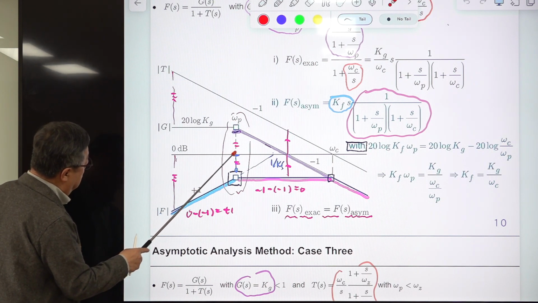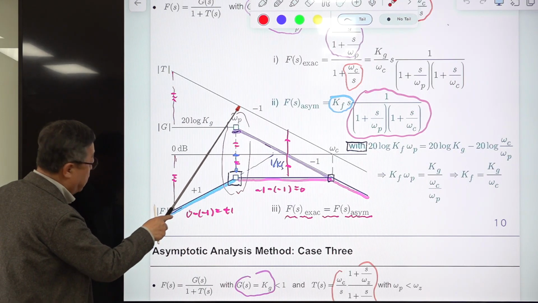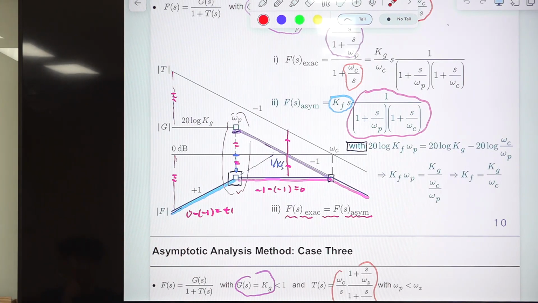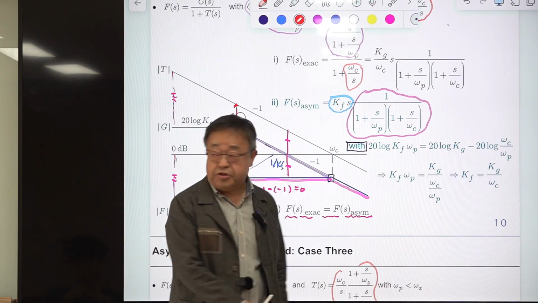So distance from here should be same as distance from here to there. So it was wrong. Some student pointed this out. So I found my mistake. So this length should be the same. Okay, this is the proper way of drawing this graphical construction.